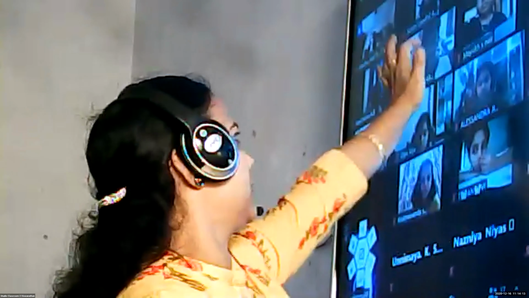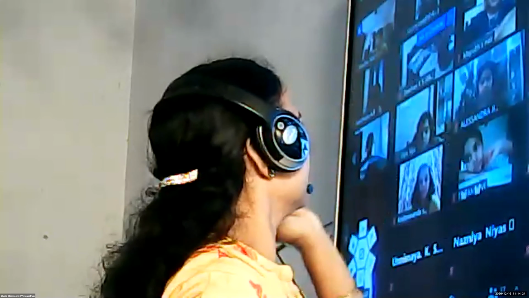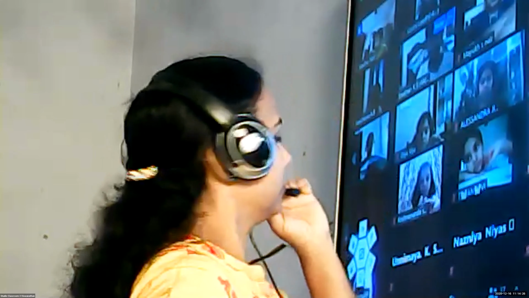Who can tell me? Yes, Sri Hari. Sri Hari, unmute. Question number 6. The fraction represented by the unshaded part.